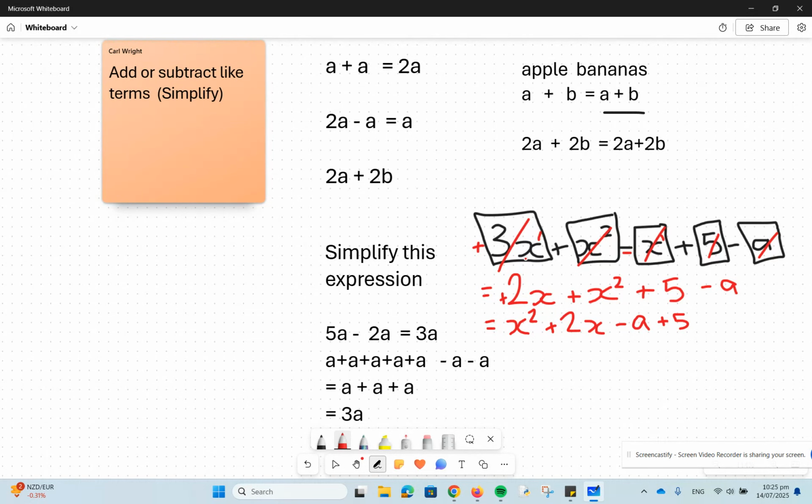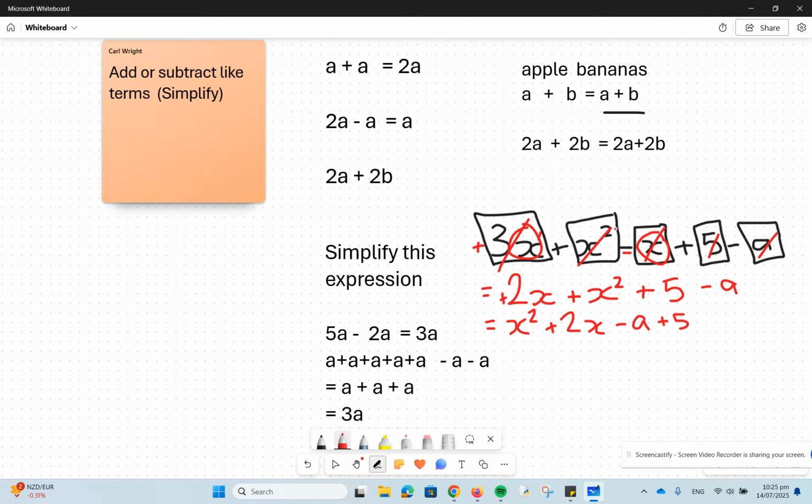The only thing we could really simplify was these two. They were the only ones we could really simplify, so the rest of it stayed the same. Now you could end up with some way harder ones than this, but just think through really logically. Separate the terms.